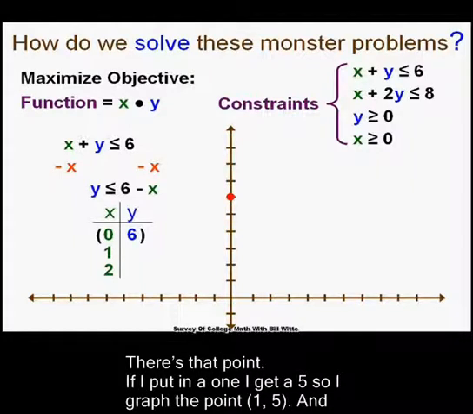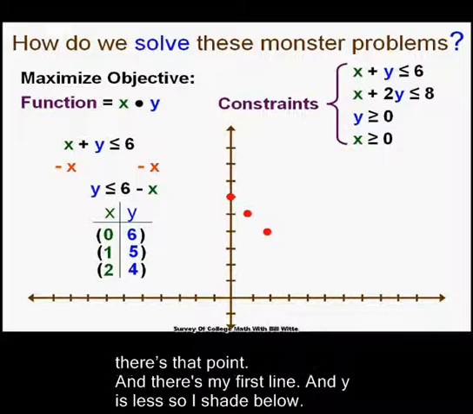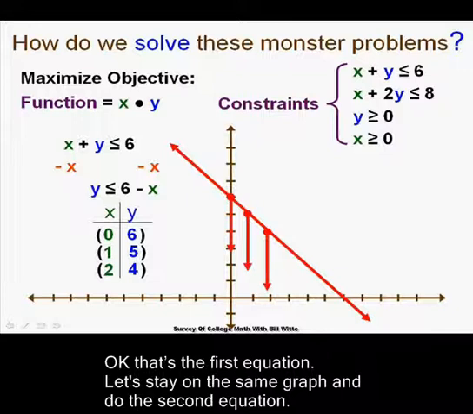If I put in a 1, 6 minus 1 is 5. If I put in a 2, 6 minus 2 is 4. And there's my first line. And y is less, so I shade below. Okay, that's the first equation.